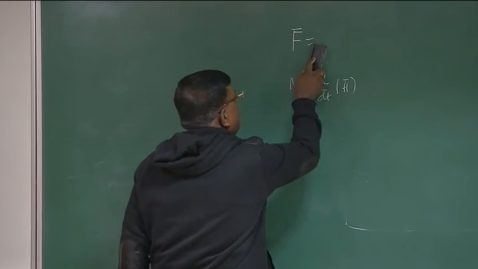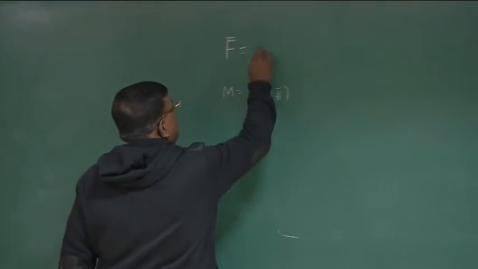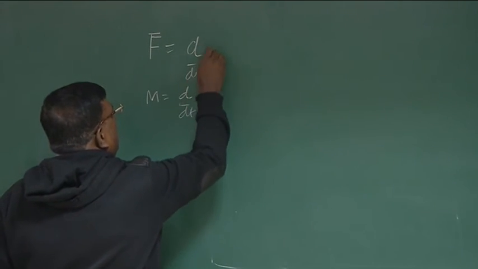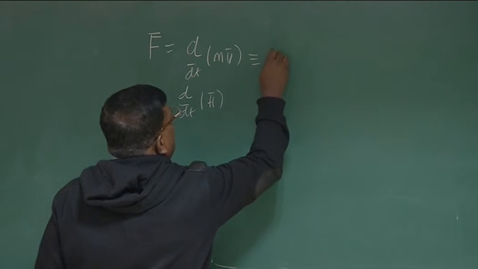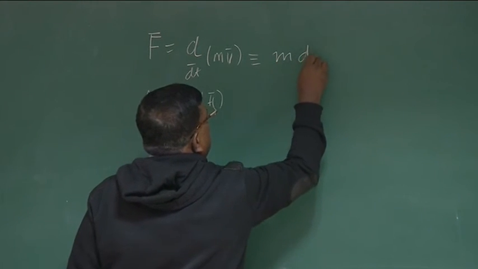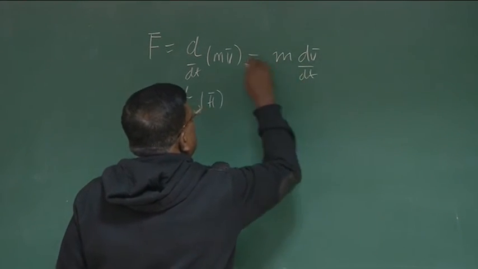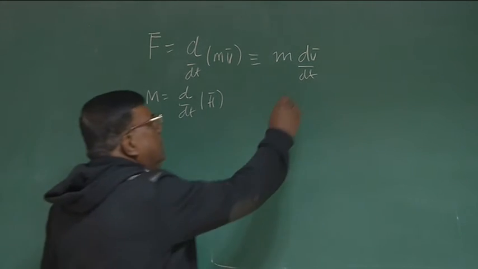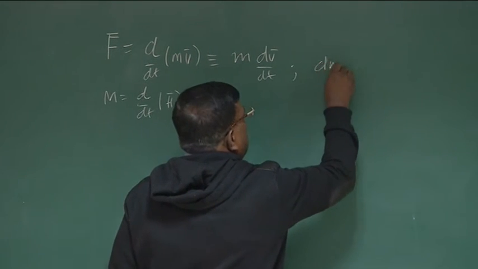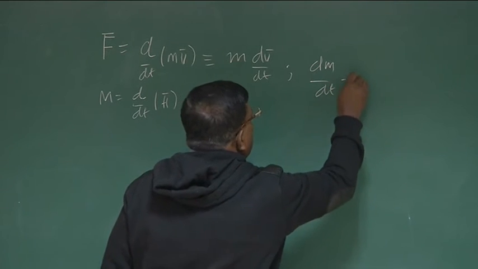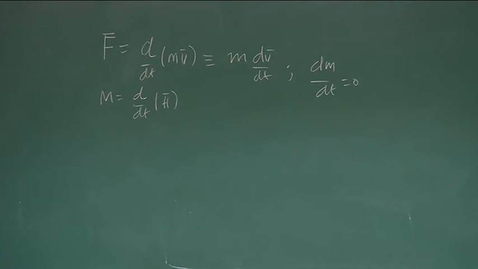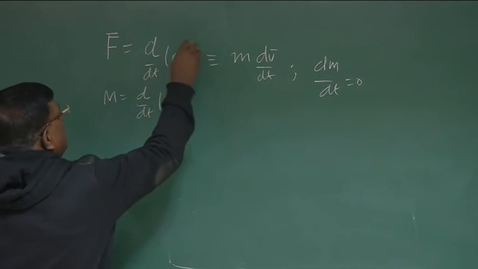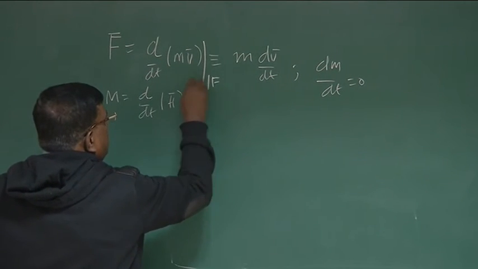To be more precise, this was d by dt of mv, the rate of change of linear momentum, and we wrote it as m dv by dt because dm by dt was assumed to be 0. So, we need to have a vector differentiation. In which frame? This should be in an inertial frame.